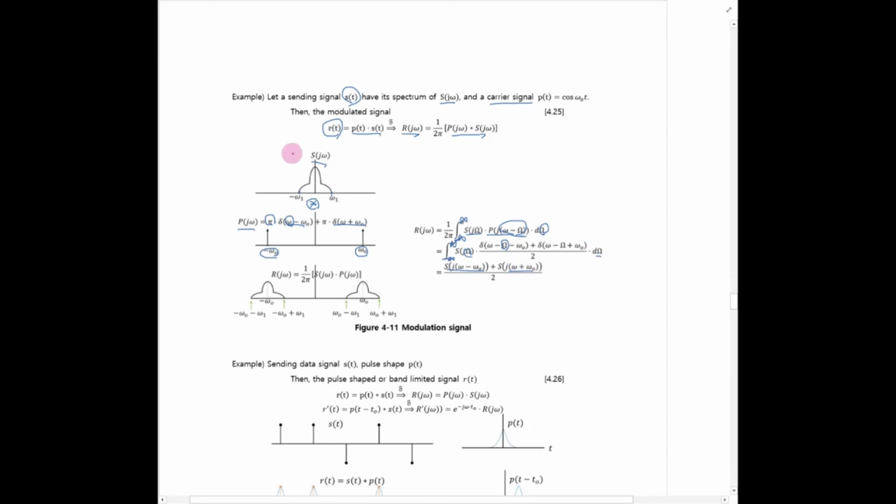Now let's interpret the meaning of this. You can see it is just a frequency shift to the positive omega 0, taking a scale of 1.5. So this is 1.5 times S(j(omega minus omega 0)).